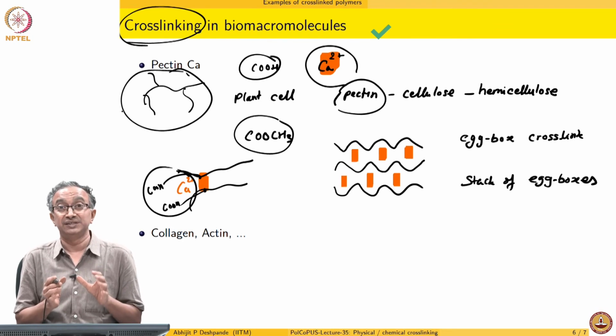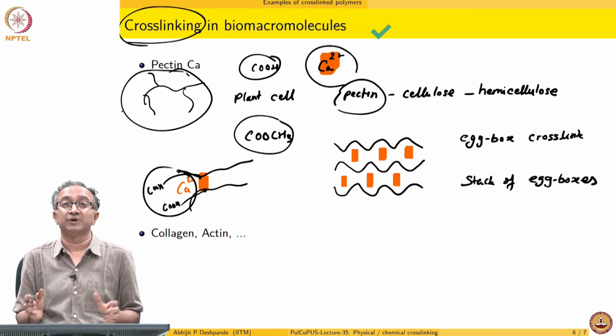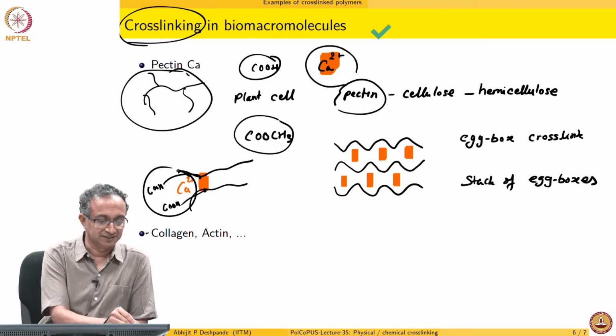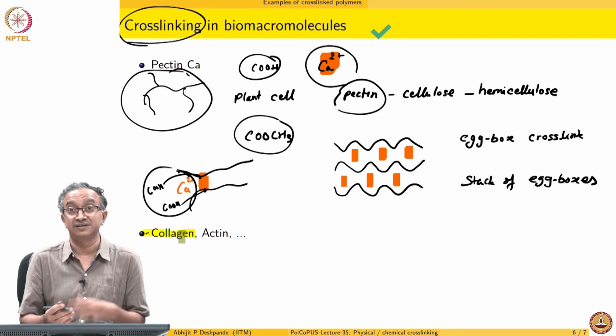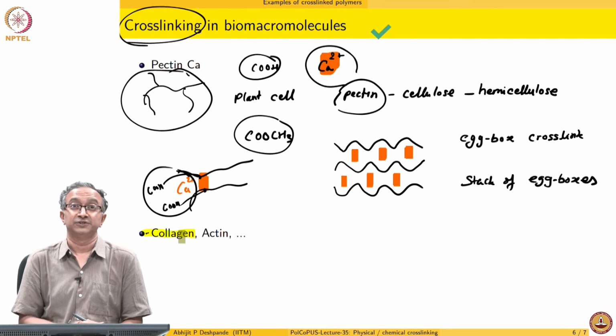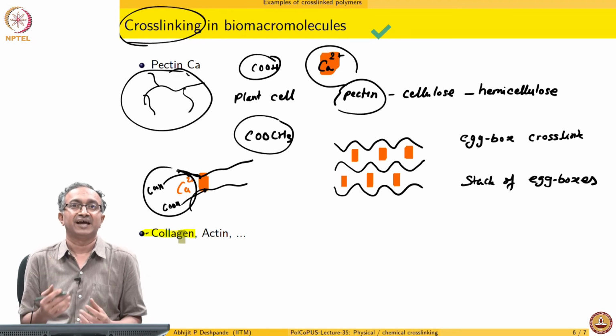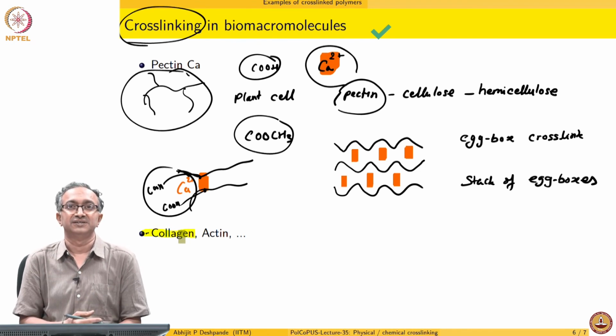And just to see these multiple heterogeneities and complex assemblies of biomacromolecules, you could also just look at collagen and its cross-linking. Collagen is a basic component of tissues, and it's a very important structural component. It gives mechanical properties, barrier properties, and it's basically what makes it possible for tissues to sustain themselves.